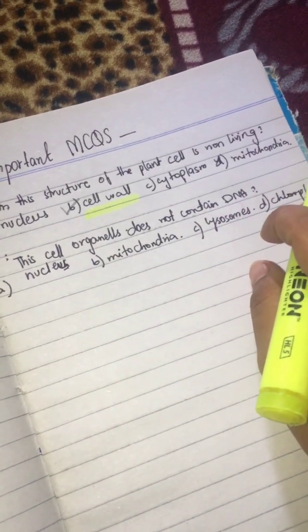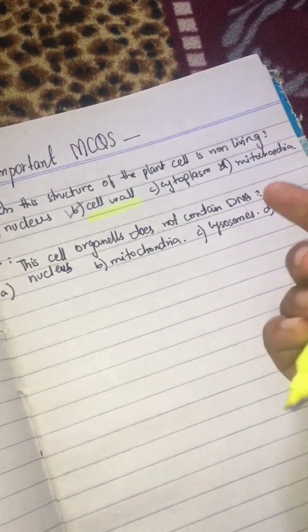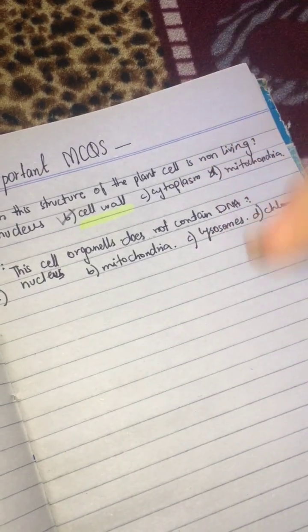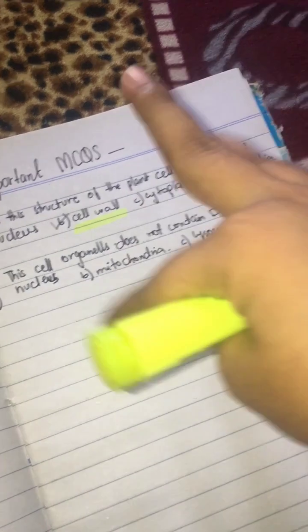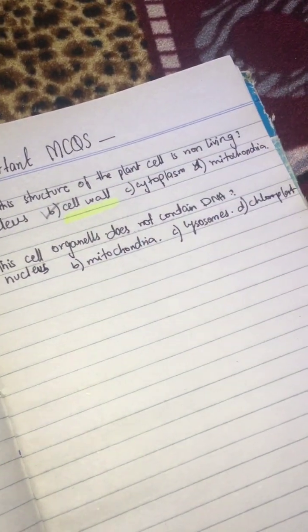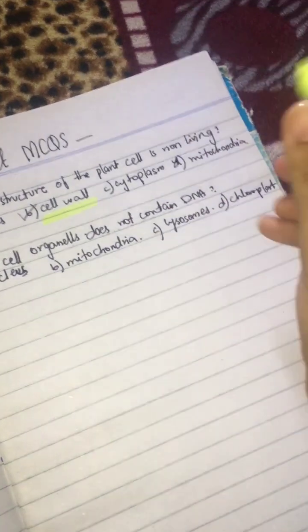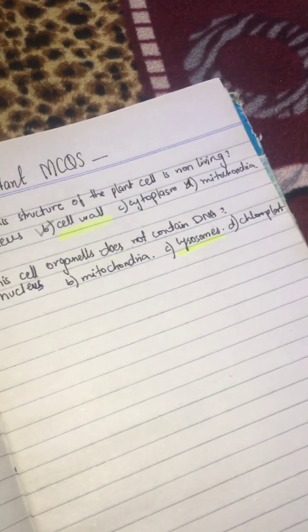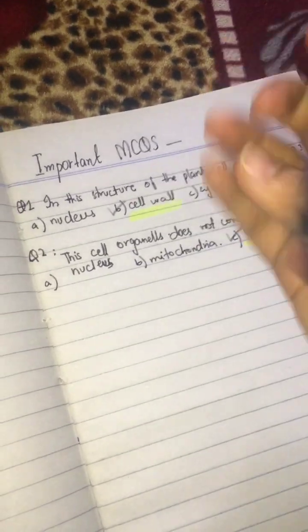Mitochondria and chloroplast are both organelles which have their own DNA. That's why they have the ability to have their own DNA replication. Both can multiply, or replicate. So nucleus has it, mitochondria also, chloroplast as well. So lysosome is the one which does not have its own DNA.